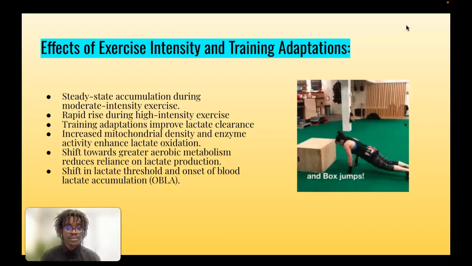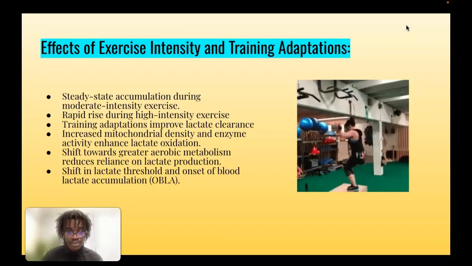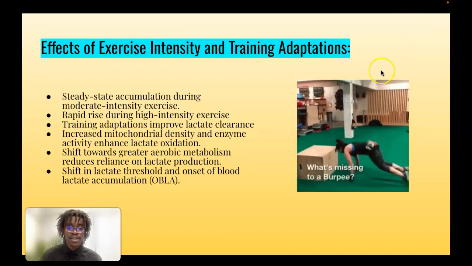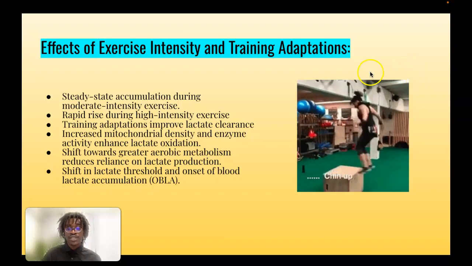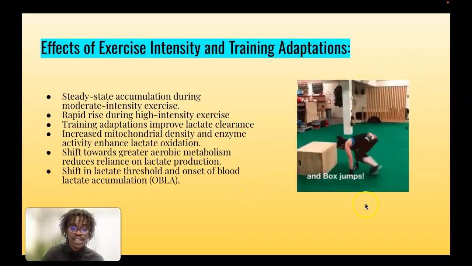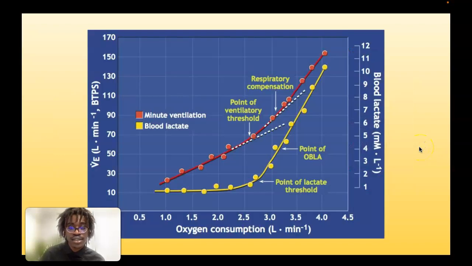And a shift in lactate threshold and onset of blood lactate accumulation is observed as we intensify our exercise. It's a graph showing what's happening as we increase oxygen consumption and exercise intensity.